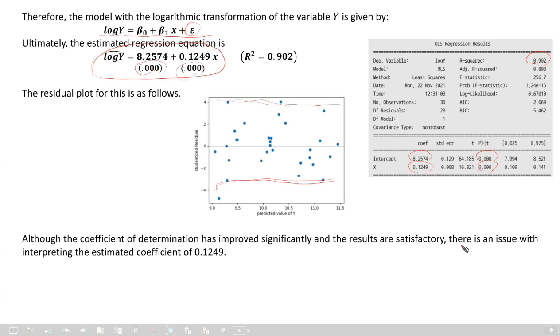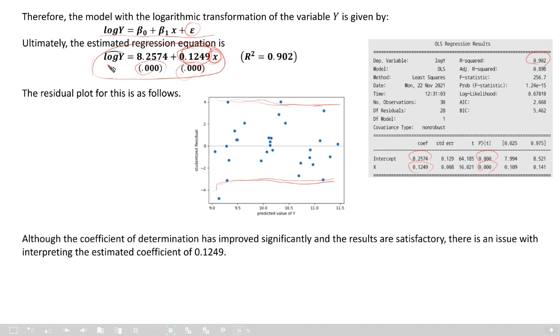there is an issue with interpreting the estimated coefficient of 0.1249. How to interpret this result? An increase of 1 unit of x increases log y by this much.